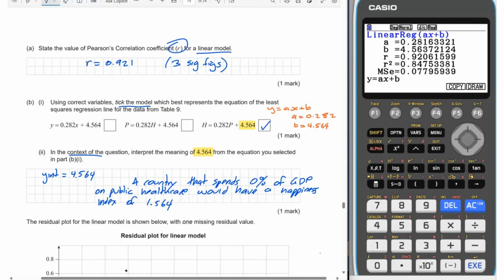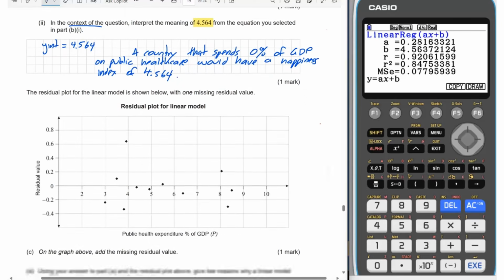I'm just going to fix up my form. So that's the interpretation of what that y-intercept actually means, for 1 mark.